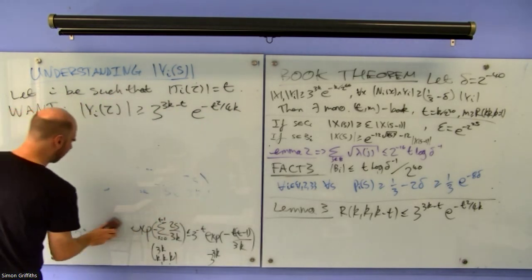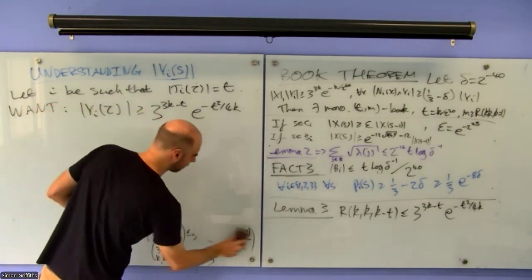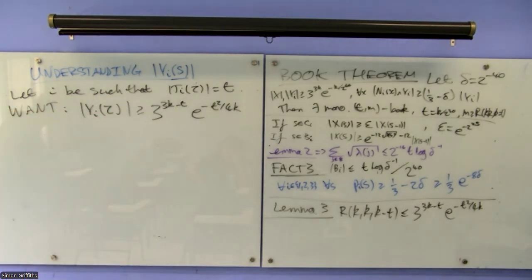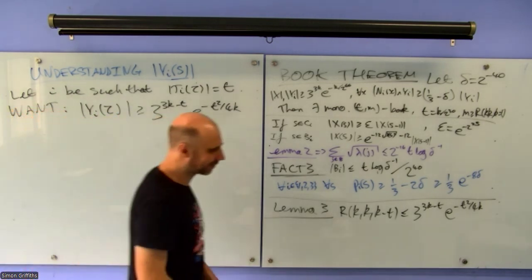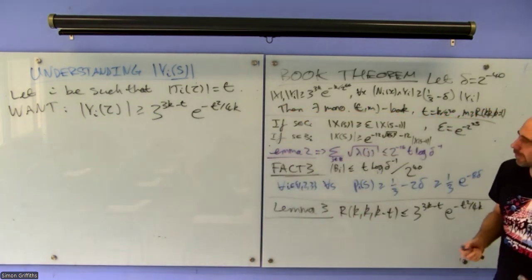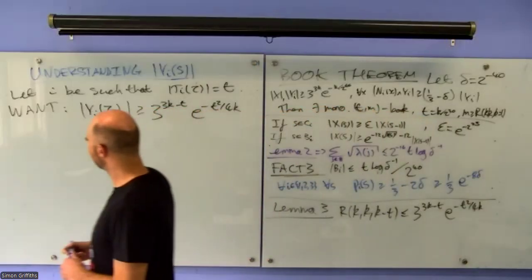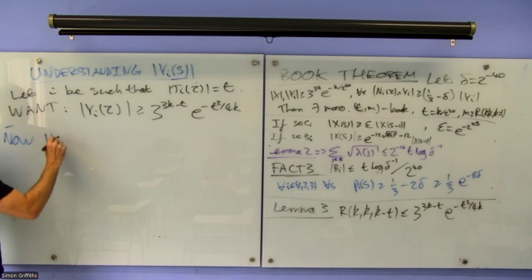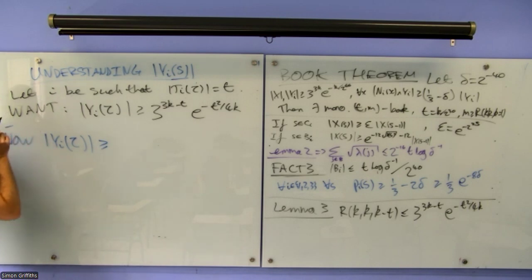It's good to have a clear objective. I mean, you still have to actually do the thing, but at least we know what it is we should do. So what do we think we can say about this? Now, Yi tau is at least, what do we know?